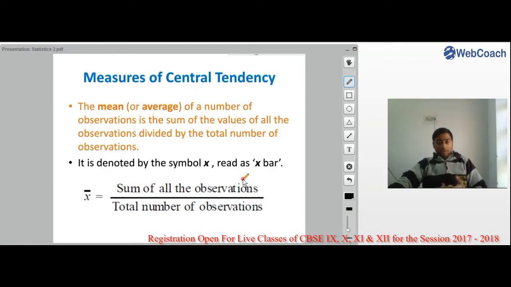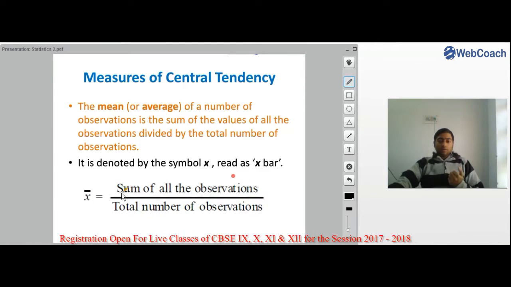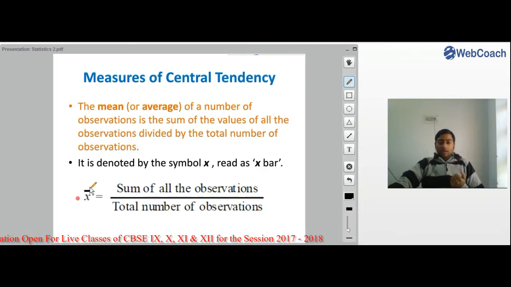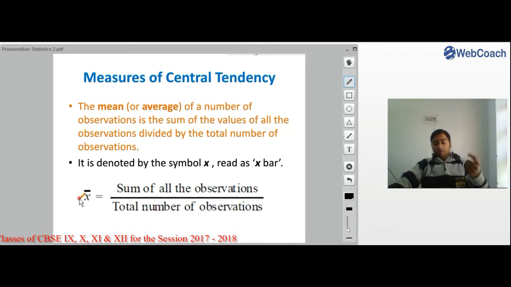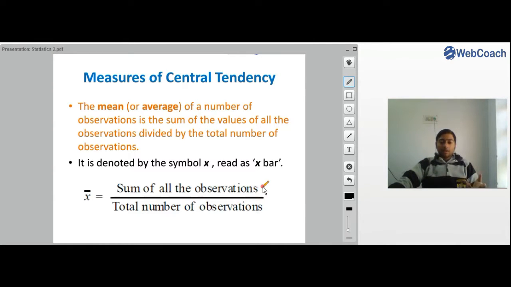And the symbol of mean or average is X bar. If you see a symbol like this, X with a bar, you can instantly understand that it is nothing but the mean, which is just the average, and it can be written mathematically as the sum of all observations divided by the total number of observations. This is the basic definition of mean.